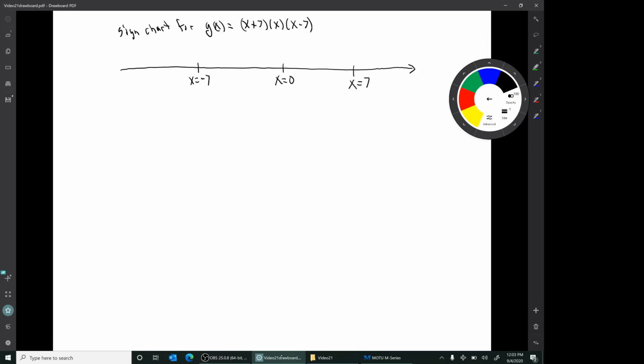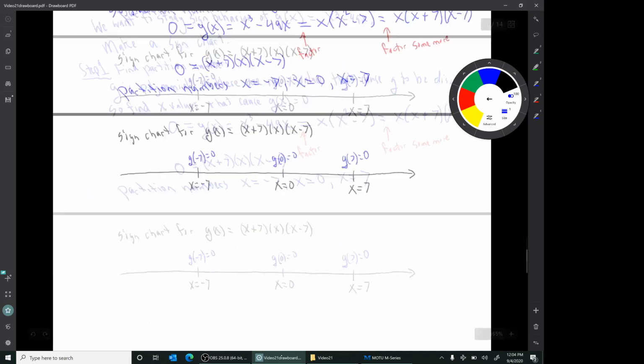That's something that, again, was not indicated in the book's instructions for making a sign chart, but I think it's very important. The other thing that's not mentioned in the book's instructions is the thing that I added to indicate the behavior of the function at the partition numbers. So that's step 2.